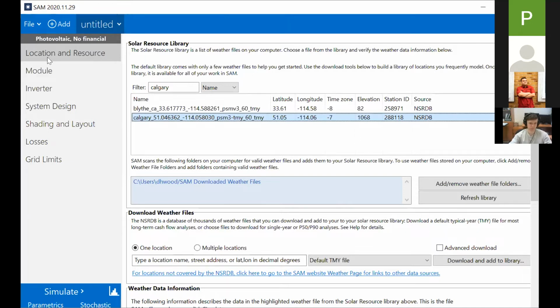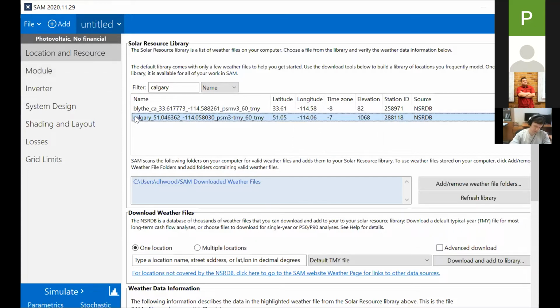And the advantage of SAM, as I tried to point out yesterday, was that if you can find a weather file for your location, then it's very easy to use to do basic system modeling.